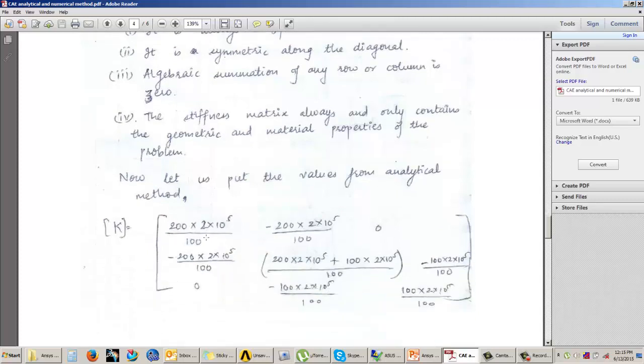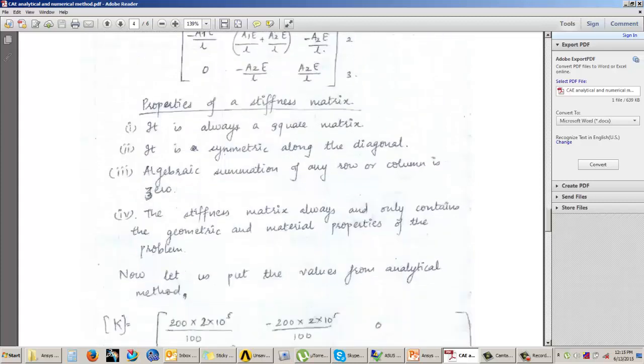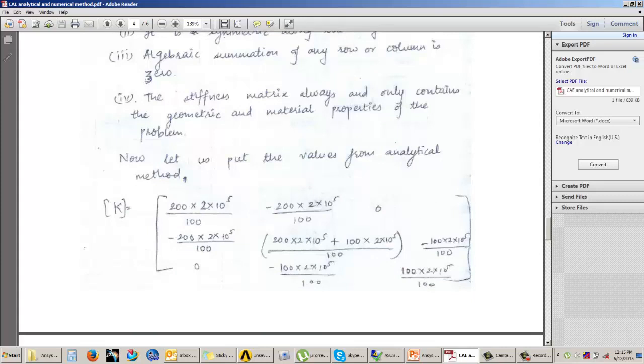Now we will put in the numerical values that we considered for the analytical method. We will consider the same values and put them in the global stiffness matrix and solve this equation. So my equation becomes: 200 into 2 into 10 raised to 5 upon 100, minus 200 into 2 into 10 raised to 5 upon 100, 0, minus 200 into 2 into 10 raised to 5 upon 100, 200 into 2 into 10 raised to 5 plus 100 into 2 into 10 raised to 5 upon 100, minus 100 into 2 into 10 raised to 5 upon 100, 0, minus 100 into 2 into 10 raised to 5 upon 100, 100 into 2 into 10 raised to 5 upon 100.